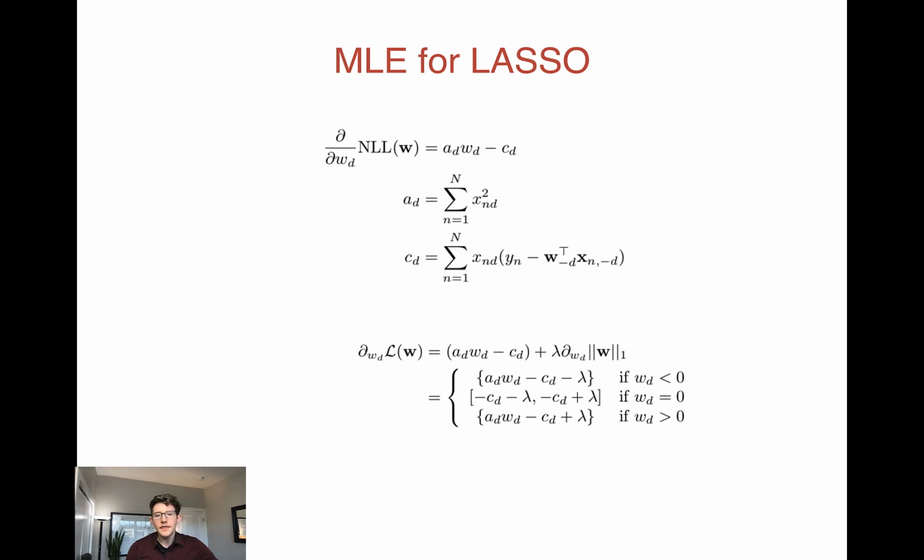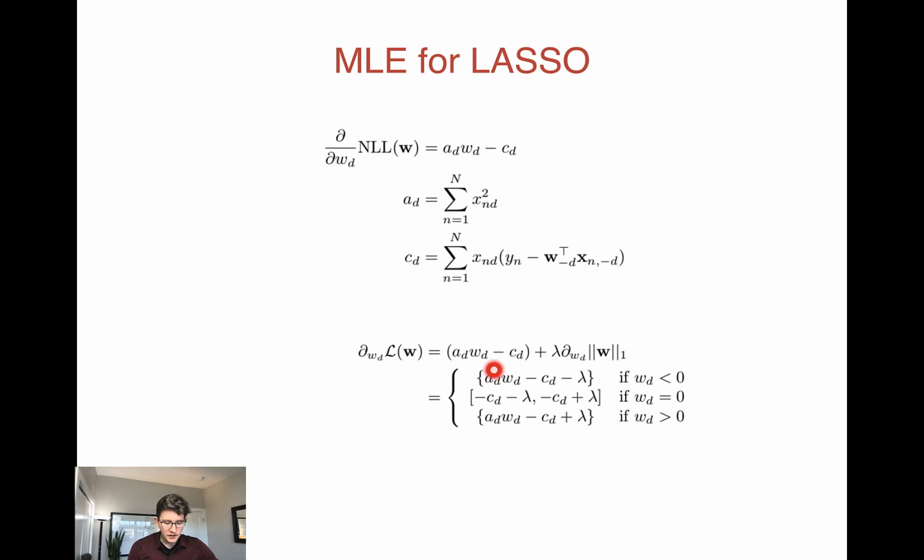Now note that this is going to have subgradients, not necessarily a derivative, because it's not differentiable, because it's not continuous everywhere. So we can see that if WD is less than 0, then our subgradient is going to be a single point.